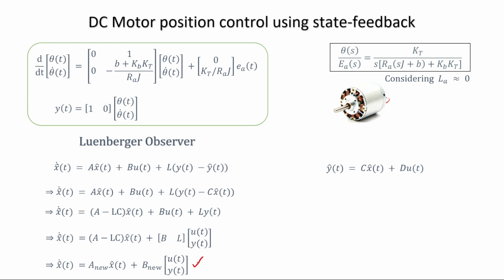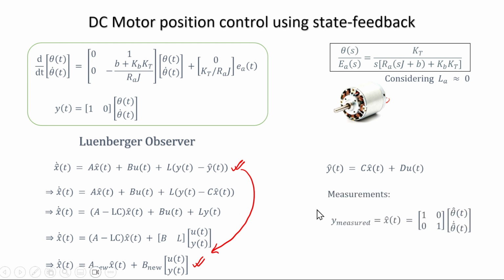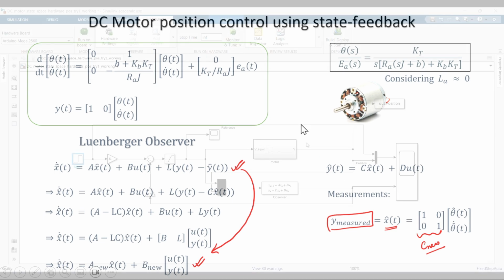So this setup is nothing but this equation itself written in a different way. Also, what are we measuring? We will measure all the states, right? That is why the C nu that we will take will be an identity matrix. Using this C nu, A nu and B nu, we will implement this DC motor position control. Let's have a look at that now.